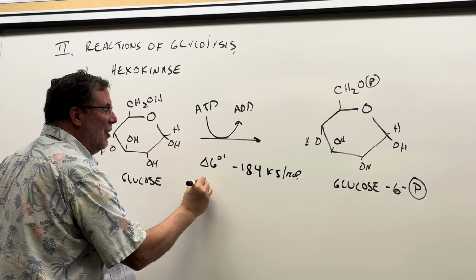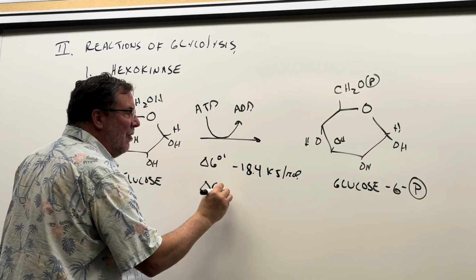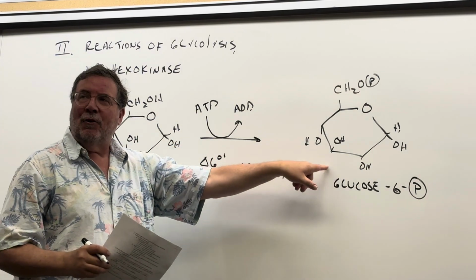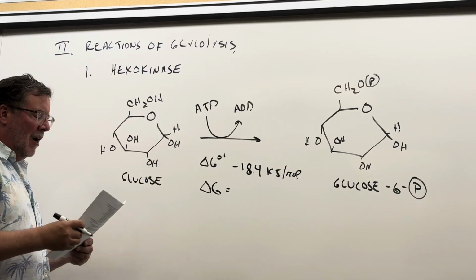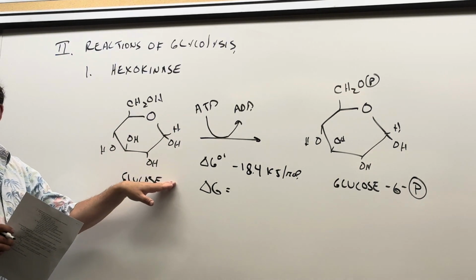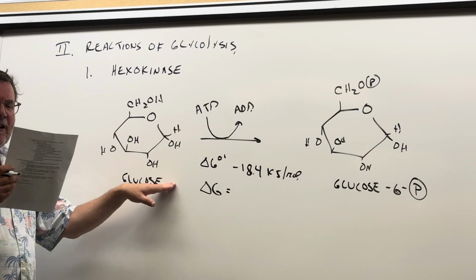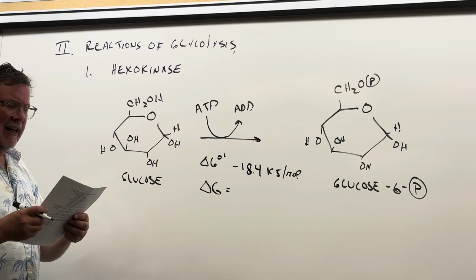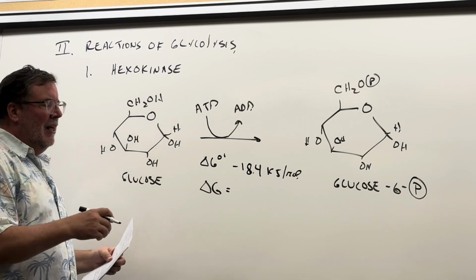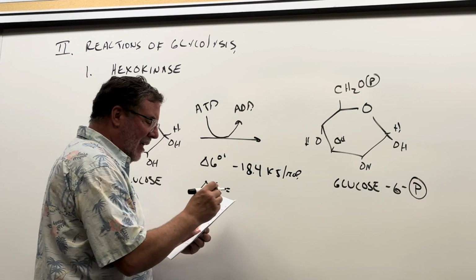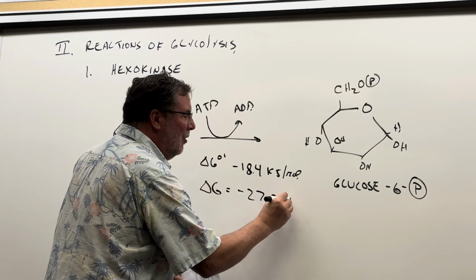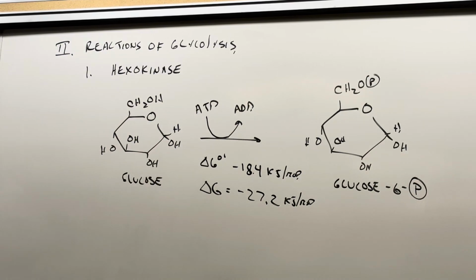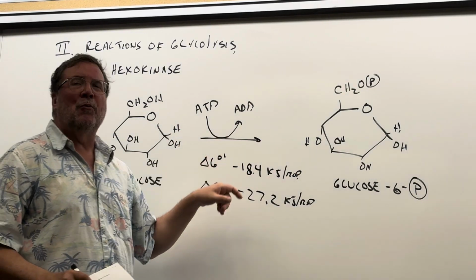Remember, delta G takes into account what the actual concentrations are of the reactants and products, and this depends upon the cell and the conditions. I think these come from rat cardiac muscle, if I remember right. Just as one example, the delta G is minus 27.2 kilojoules per mole. So not only is this reaction favorable, but under the conditions of the cell where the product gets consumed, it's really highly favorable.